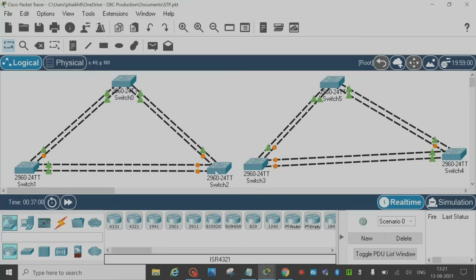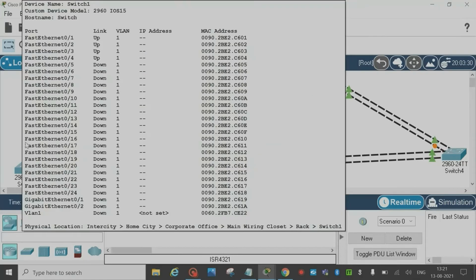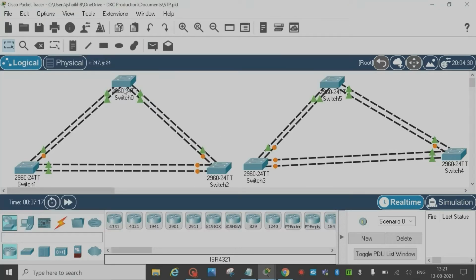So this one and this one are non-root switches. On this switch, the port having the lowest cost to reach the root bridge is the root port. Here this one is the root port, because it has the lowest cost to reach the root bridge.